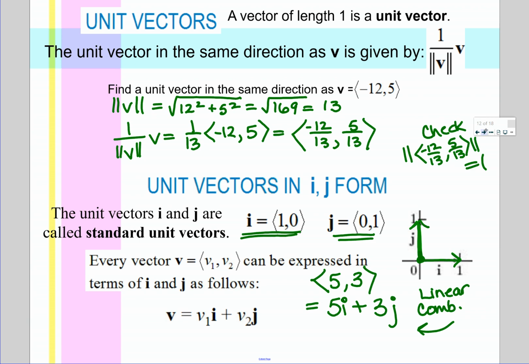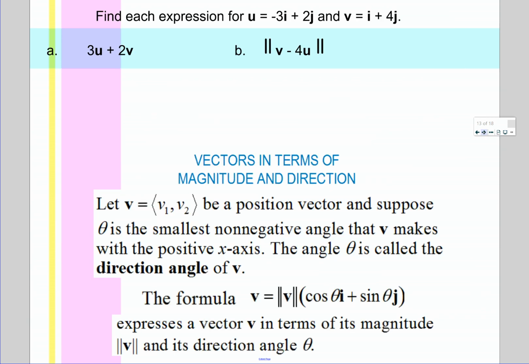Cool, moving on. All right, so if I have vectors in IJ form, we can do calculations like what we did yesterday. If I see 3u plus 2v, I'm going to set it up, fill in my vectors. 3 times vector u is negative 3i plus 2j, plus 2 times vector v, which is I, plus 4j. This is really just like algebra 1 stuff.